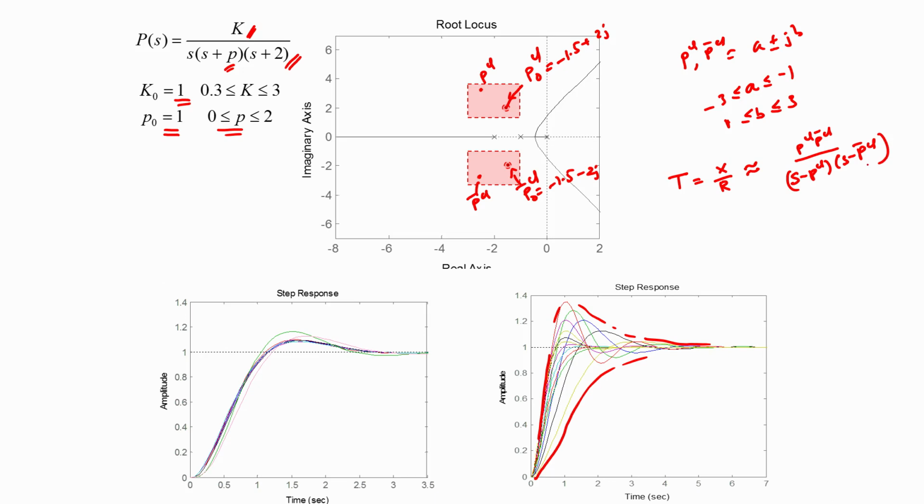This is the approximate transfer function for the overall transmission function, simply because by definition PCL and PCL bar are the dominant poles of our closed loop system. So, for all practical purposes our closed loop system looks like a second order system whose poles are at the points PCL and PCL bar.